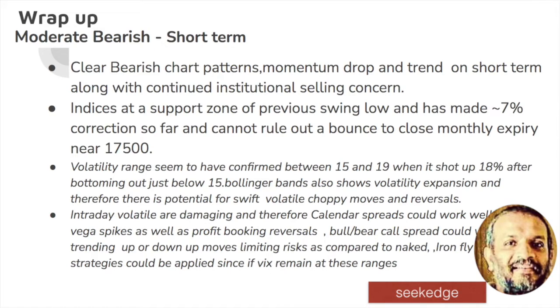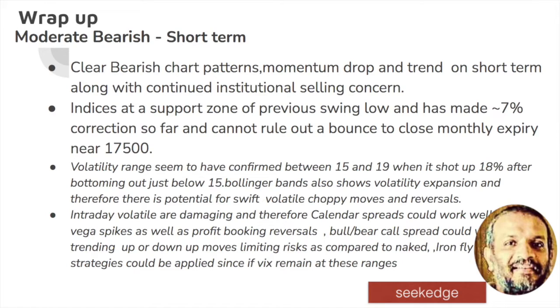Volatility today has proven that when it shot up 18%, the range of 15 to 20 is confirmed and is not planning to go further down, is what we can see. So when the volatility expansion has happened, if you had taken credit spreads and then a positional strategy, it would have worked today, right?